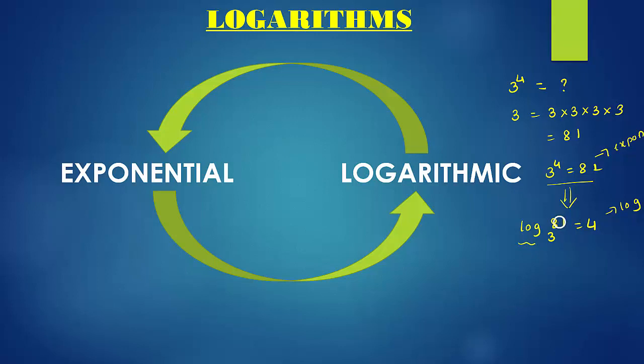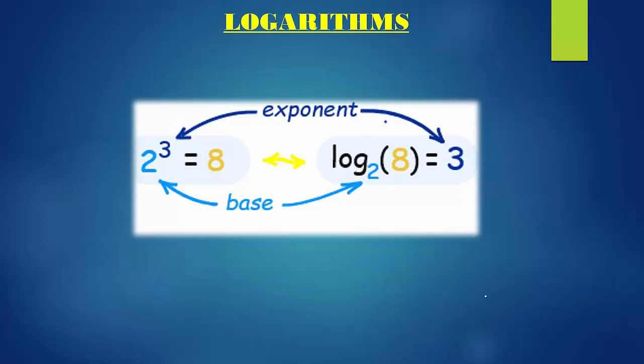The power or the exponent is the answer and the base of the log is the base number. So in the log expression, we are asking 3 raised to what gives 81. So the answer is what? 3 raised to 4 gives the value 81. The power to which the base of the log needs to be raised to get the argument will be the answer. Right?